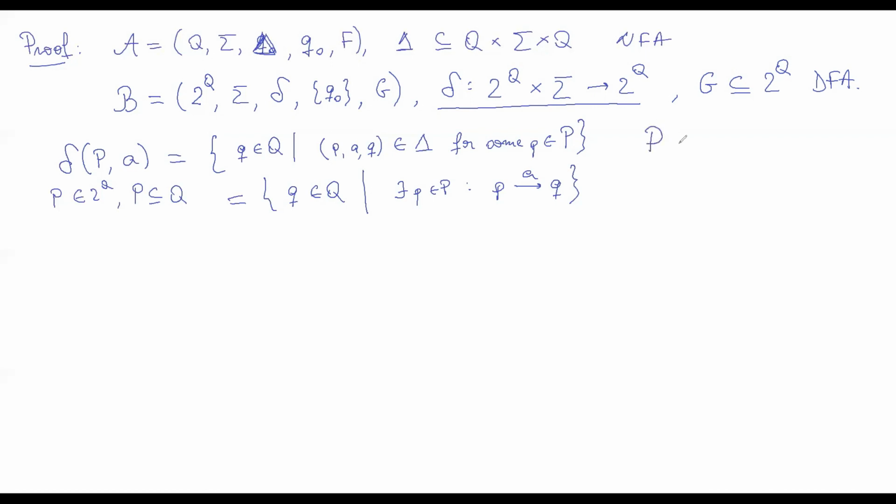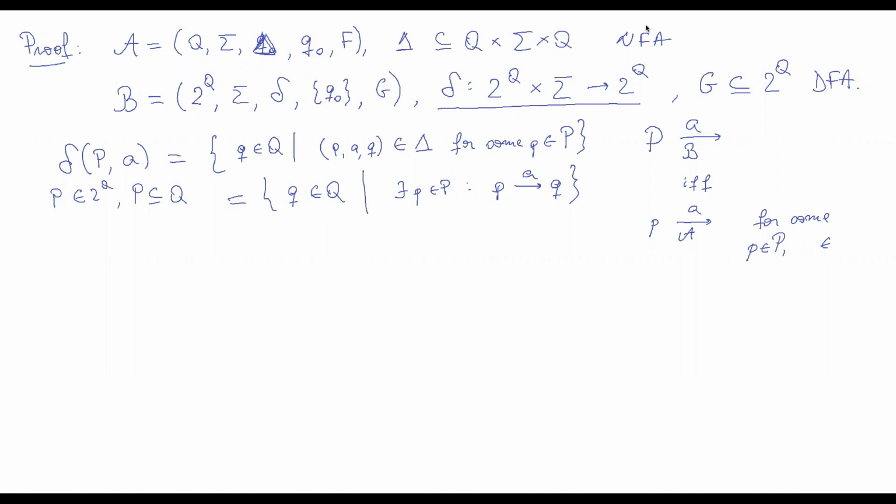So a suggestive notation is like this. In the DFA, in my automaton B, I will have this transition from set P to set Q if and only if p was going in automaton A to q for some p in P and q in Q. Let me just use a different letter here, and maybe for that reason, I also use a different letter here.